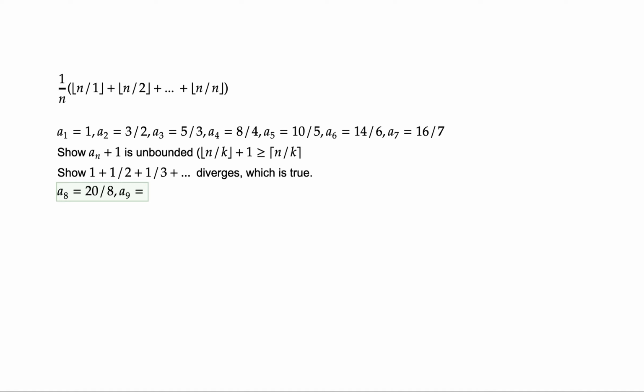Let's see, so A sub 9 is equal to 1 over 9, floor of 9 over 1, 4 plus floor of 9 over 2, plus floor of 9 over 9. So that's 9 plus 4 plus 3, and then that would be plus 2, 9 plus 4.